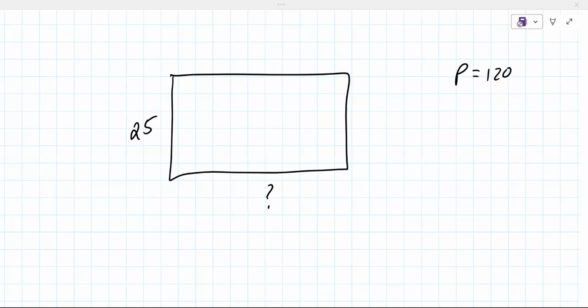It's the other side. And hold on. It's 35. There's 35. Good.